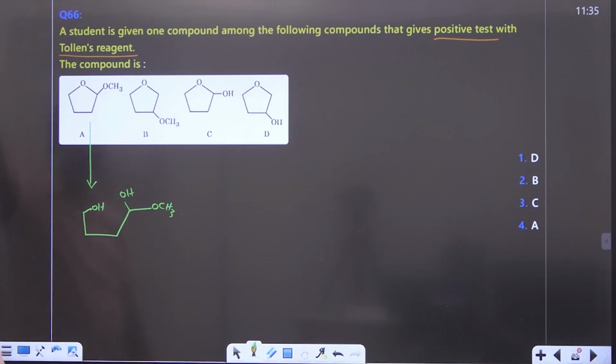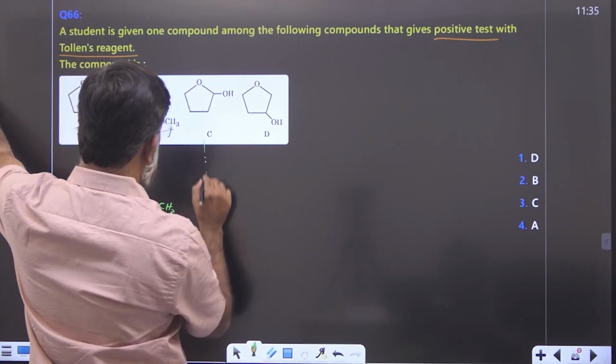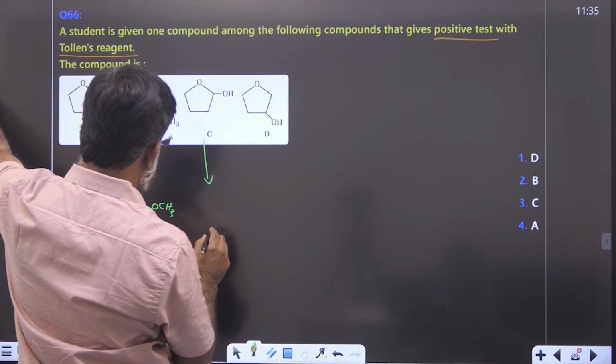This is what you are getting. And that is not giving you the Tollens test upon hydrolysis. Here also you don't get any aldehyde. Option C should be the correct answer.